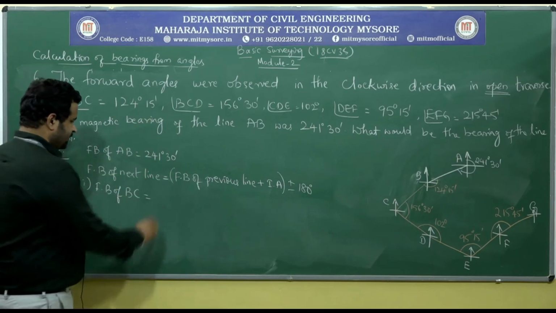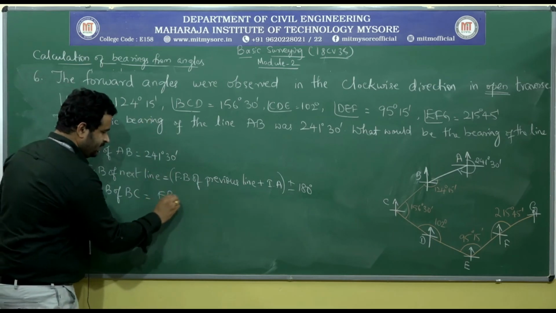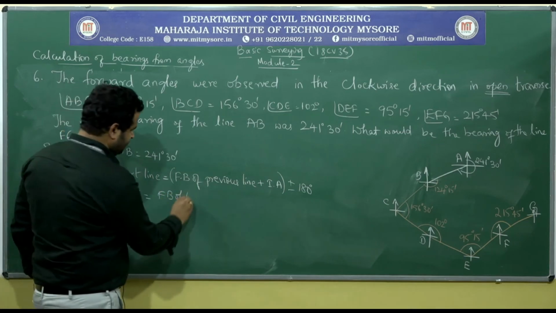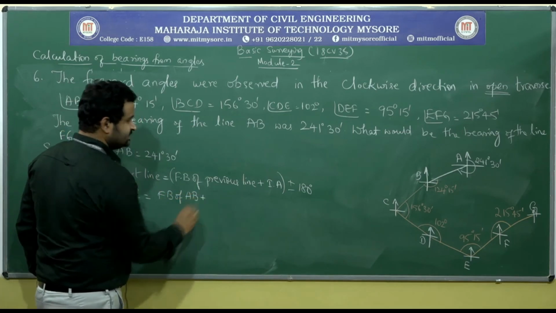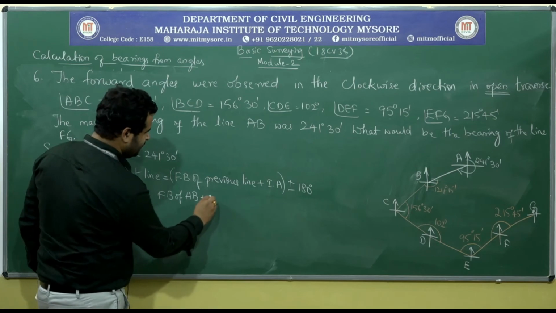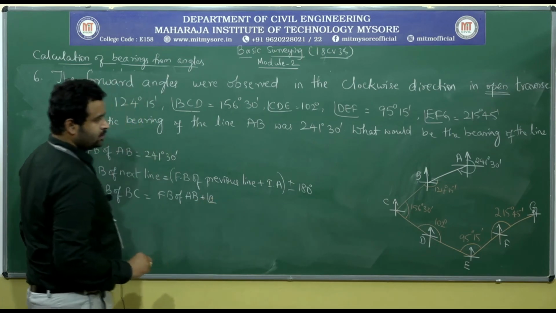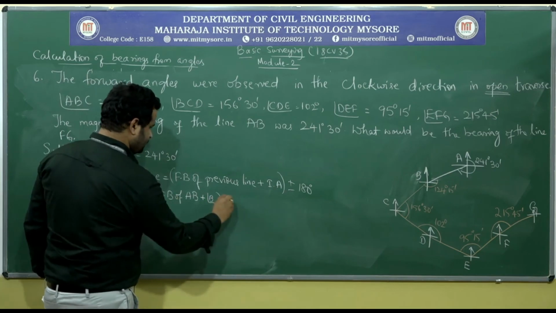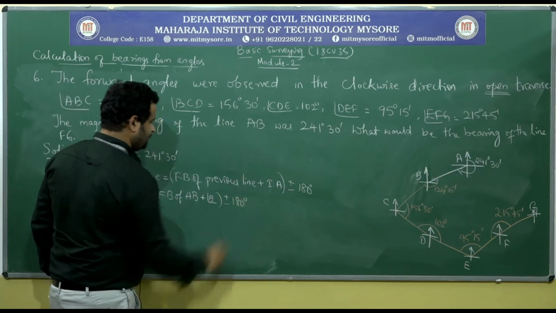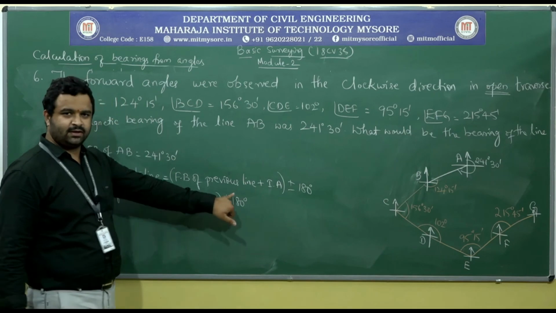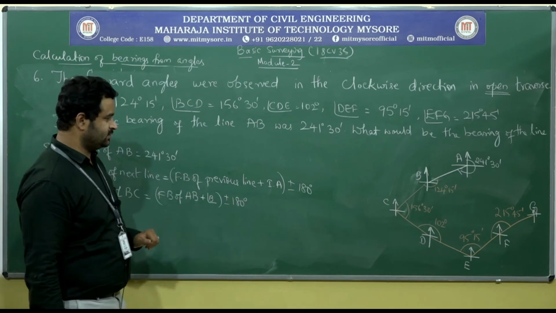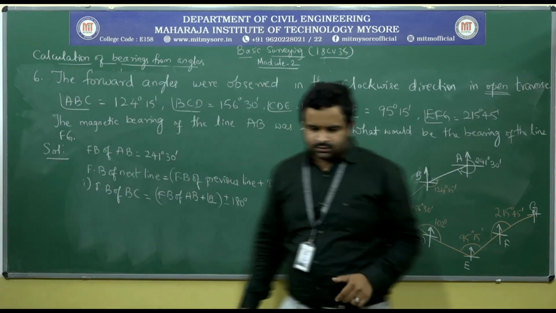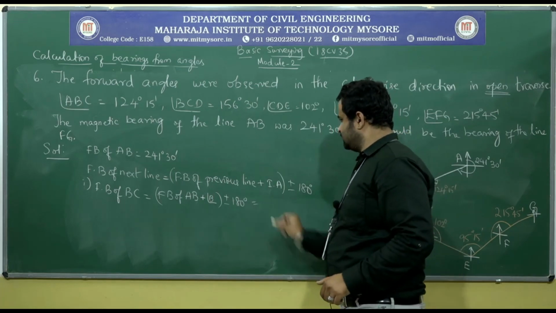Okay. So, we can directly take the forebearing of the line AB plus the angle B, that is added, and if the sum is more than 180 or less than 180, depends on the sign to be used. So, what will we get? Substitute this.